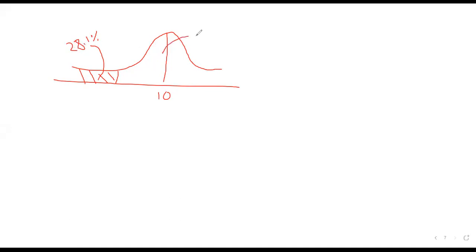What are we remaining with? 71.9%. So in decimal, what is 71.9? 0.7190.